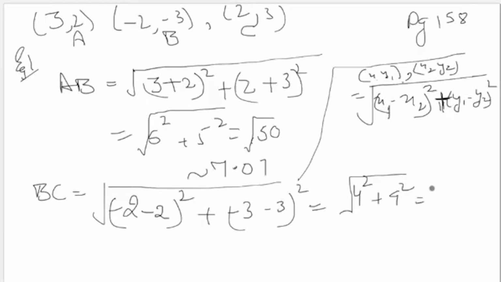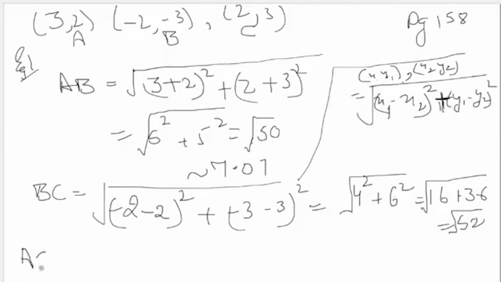This is equal to 6 square. 3 and 3 is 6. Now this would be 36. This is equal to 50, root 52. And its approximate value I'll see later on.